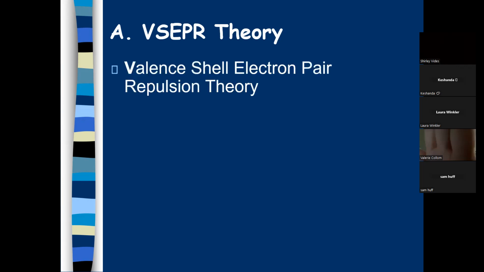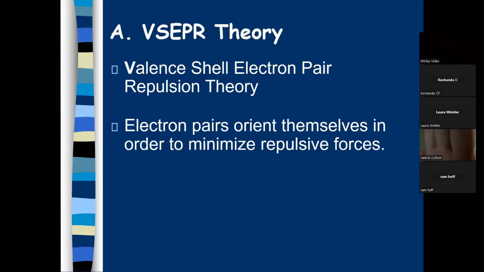So it is known as valence shell electron pair repulsion theory. And it states that electrons will orient themselves in such a way as to minimize the repulsion between them. So if you want to minimize anything that is called a repulsion, you want to get as far away from the other one, right?